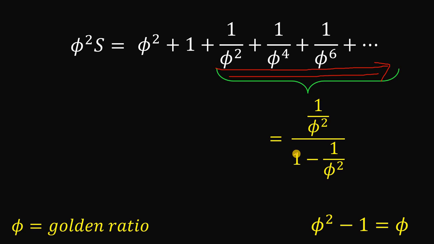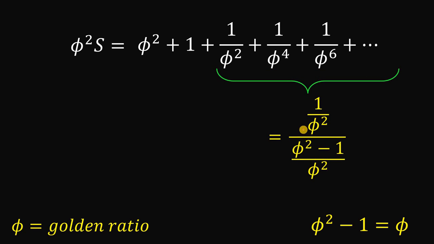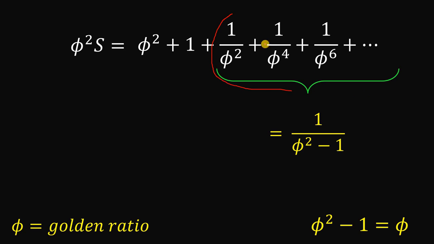The denominator becomes phi squared minus 1 over phi squared. So, we can cancel out phi squared in the numerator's denominator and the denominator's denominator. So this simplifies to 1 over phi squared minus 1. And this is equivalent to this whole infinite geometric sequence.